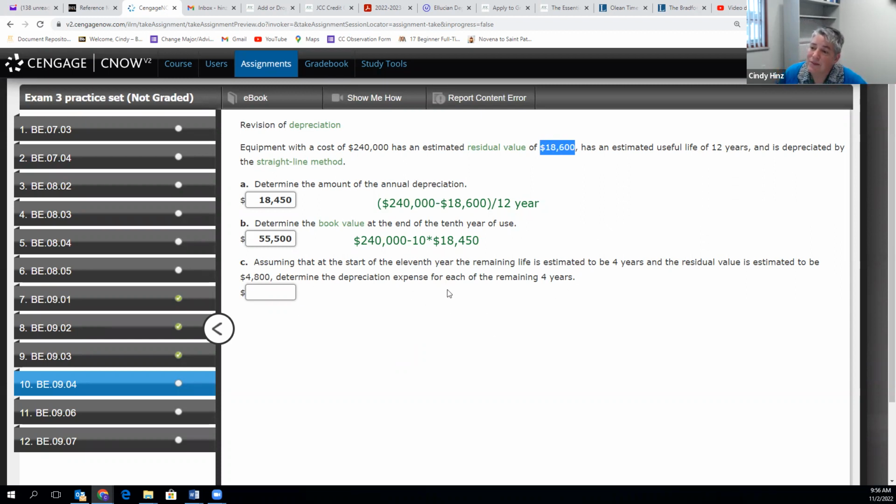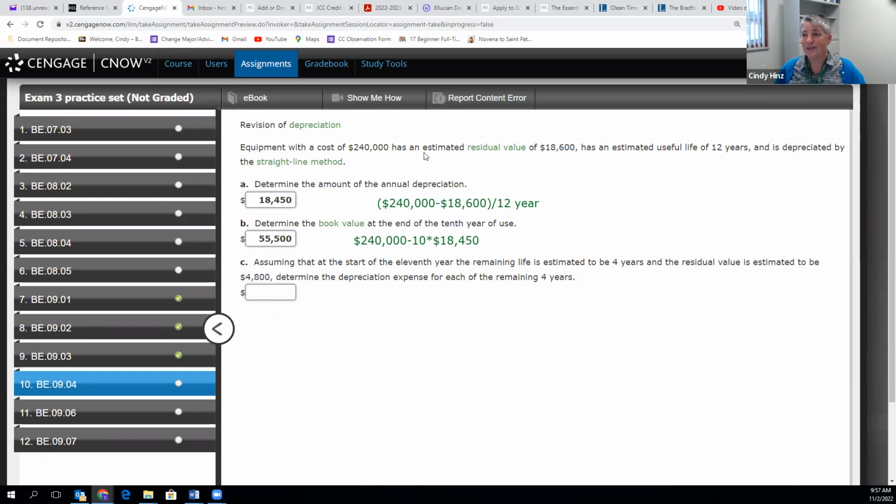But letter C says, okay, but hang on. At the beginning of the next year, we look at this asset and we say, I know we thought we were only going to use it for 2 more years, but I'm looking at it and I think we can use it for 4 more years. And we'll just use up a little bit more of that residual value. And so the residual value, rather than being 18,600, would be down to just 4,800.